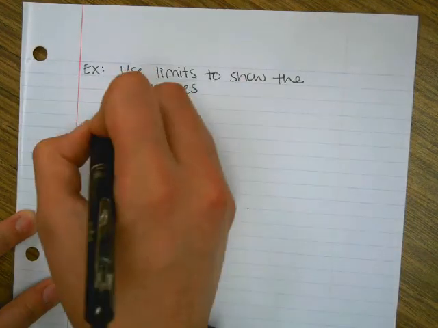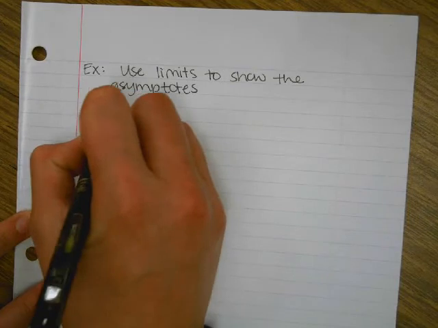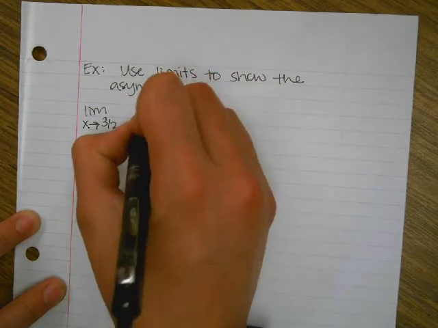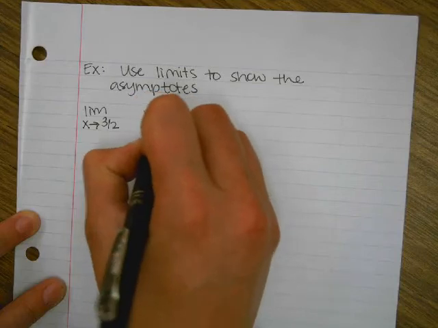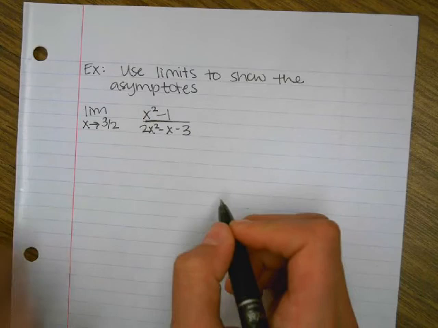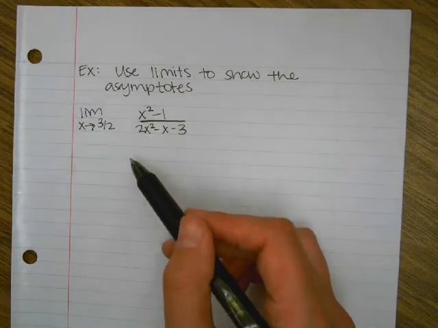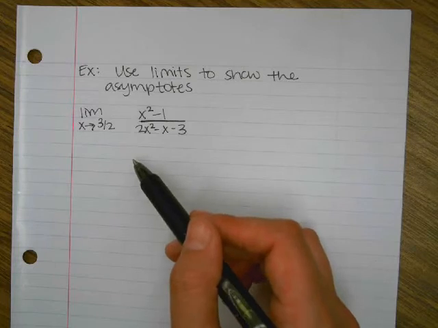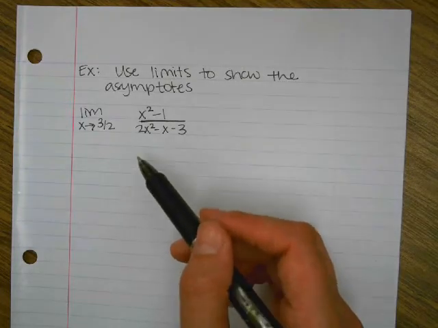The first example is going to be the limit as x approaches 3/2 of the function x squared minus 1 divided by 2x squared minus x minus 3. So there's our function right there. And already I'm assuming I'm looking for a vertical asymptote, because if it was a horizontal asymptote, they would have said as x goes to negative infinity or positive infinity.